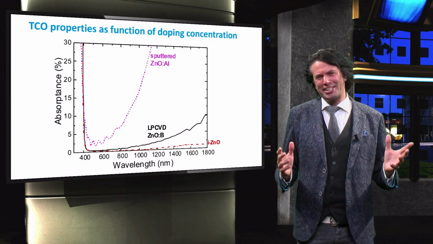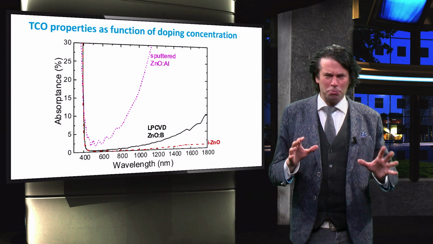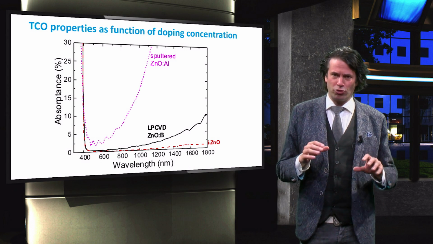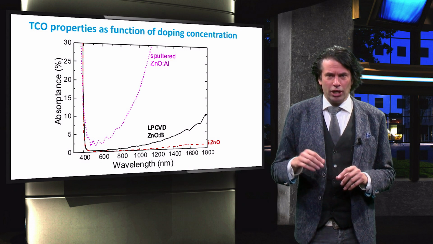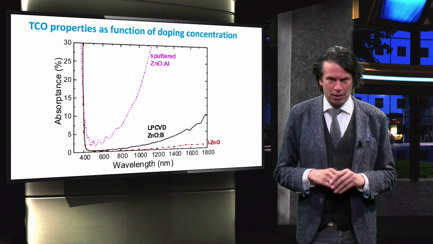The resistivity and transmission of TCOs depends on the carrier density. The interplay of these properties can depend on the doping types, size of the crystalline grains, and defects in the materials. Therefore, the thin film preparation procedures such as deposition methods, annealing techniques, and dopant type can play a role. For example, here you can see the absorption spectrum of boron-doped zinc oxide processed using low-pressure chemical vapor deposition.